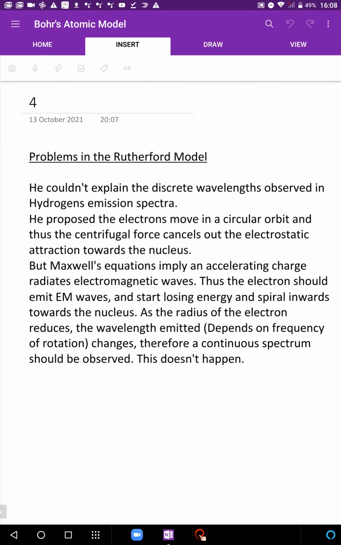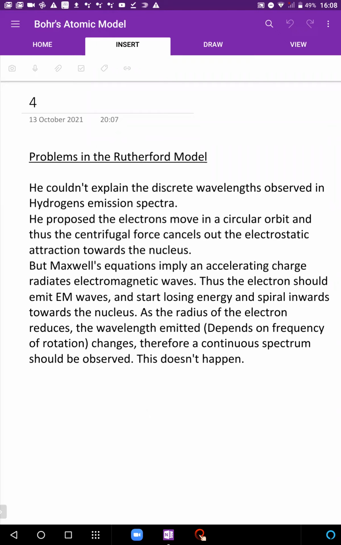All right. So now, what were the problems in Rutherford's model? First of all, his model could not explain the discrete wavelengths observed in hydrogen's emission spectra, right?